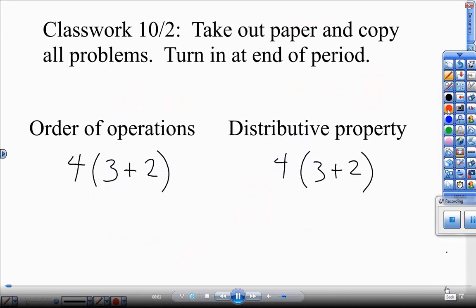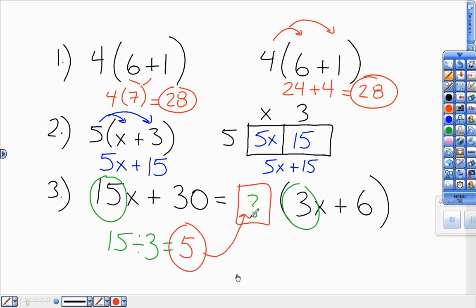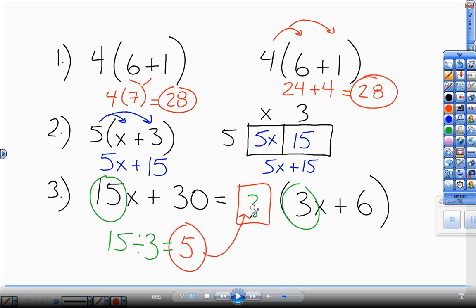So again, back to that last one there, sorry about that. 5 would be the only number that would work inside there. 5 is the only number times 3x, and then times that 6 to get 15x plus 30. I could have also got that 5 by dividing 30 and 6. That would have also gave me 5, which I could again check by taking 5 times 3x and 5 times 6 to get that 15x plus 30.